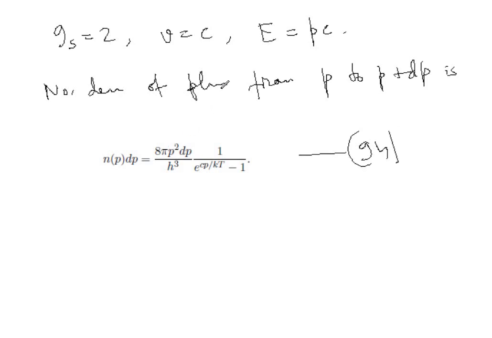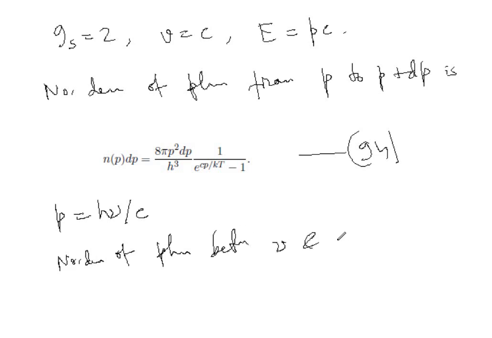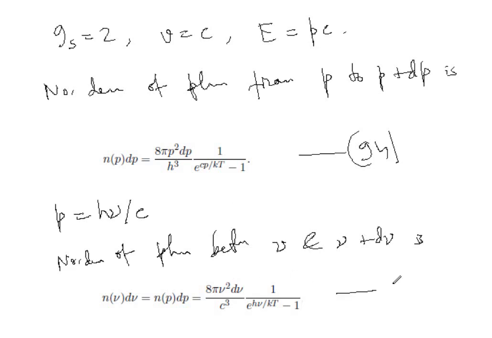Now, as I have already mentioned, for photons we have p equal to h nu by c. So the number density of photons between nu and nu plus d nu, we just make a small change and the result is this here. So instead of the p term, now we have the nu term. This is equation 95.